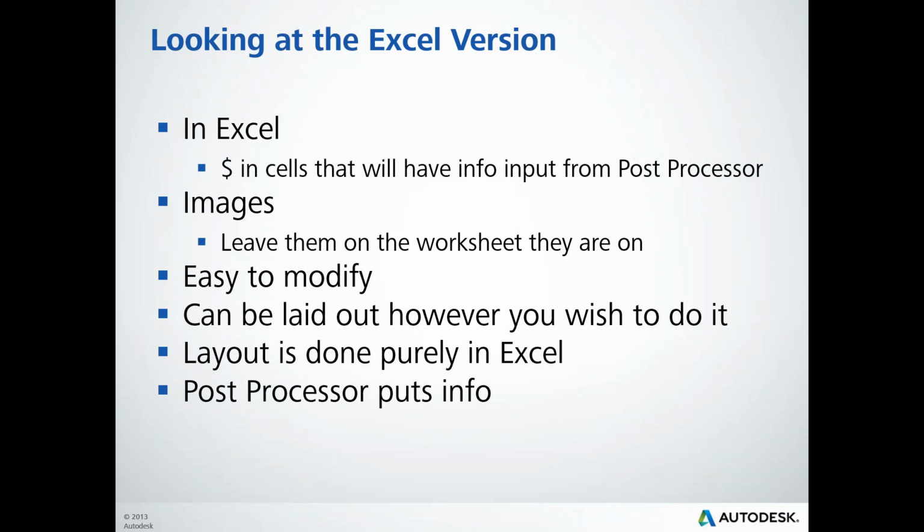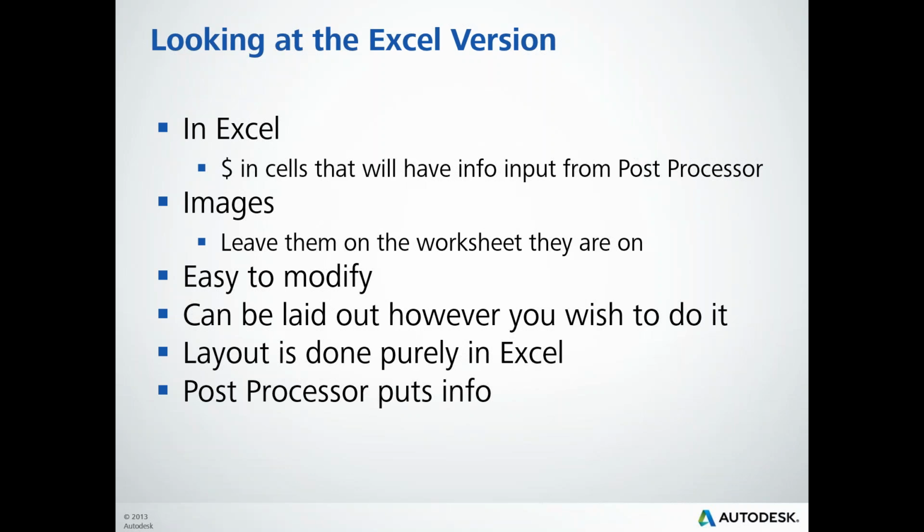Images, there's a couple images already built into the setup. They work just fine. One's the Autodesk CAM logo, and one's the actual image of the part. One thing I found is you can move the Autodesk CAM logo around, maybe to different worksheets in the actual setup sheet.